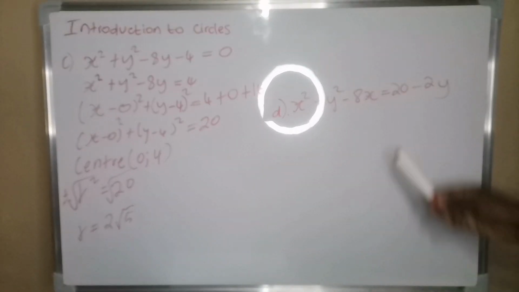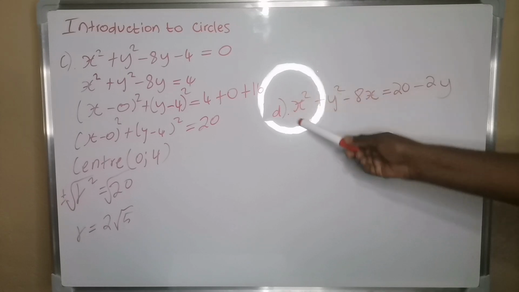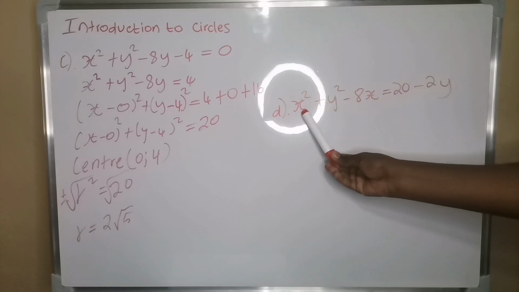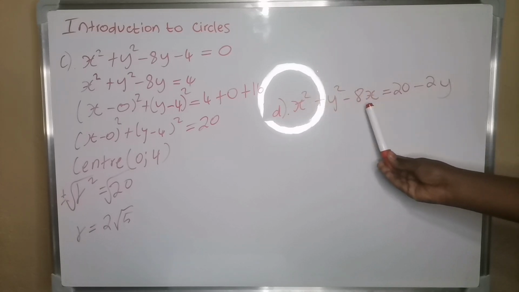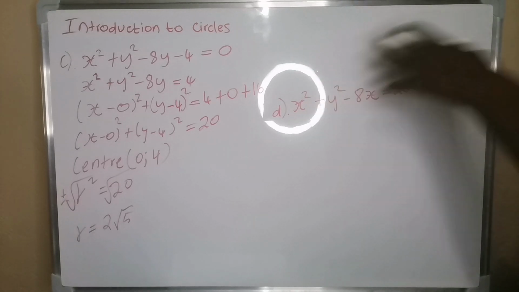Sorry for the light, guys. I hope we can see it. Next to D we have x squared plus y squared minus 8x equal to 20 minus 2y. Now in this case we see the difficulty here.